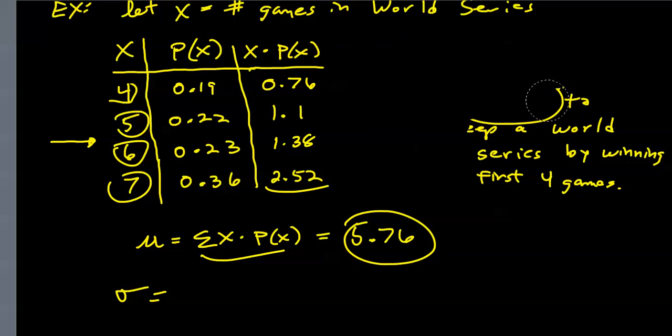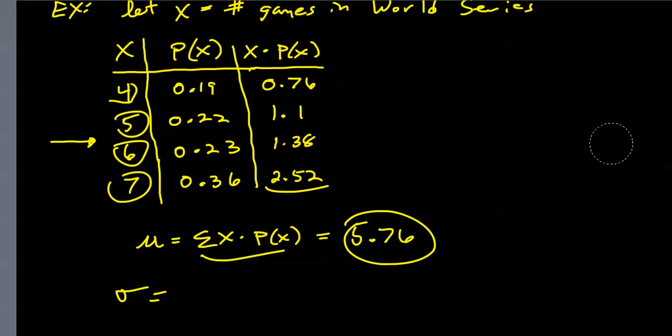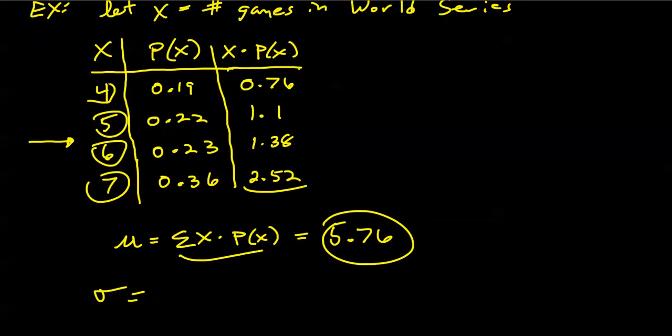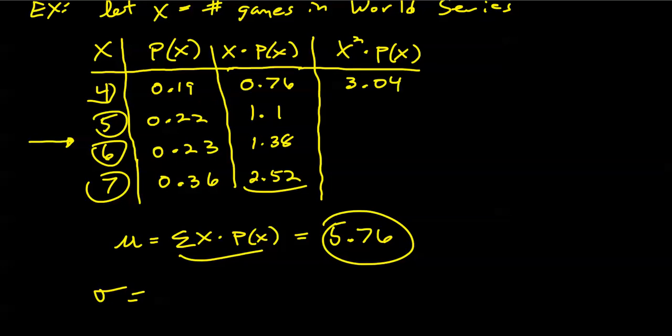The x squared times p of x column: 4 squared is 16, so 16 times 0.19 is 3.04. Similarly, 5 squared is 25, and 25 times 0.22 gives me 5.5.